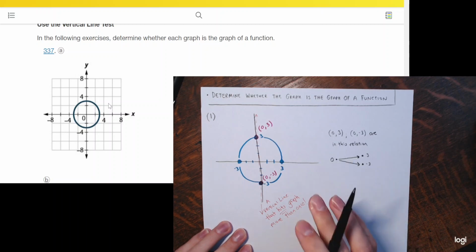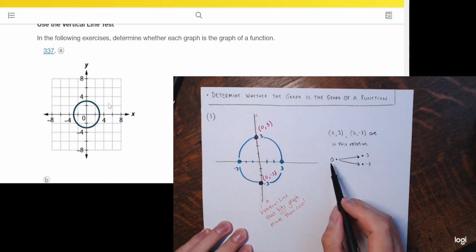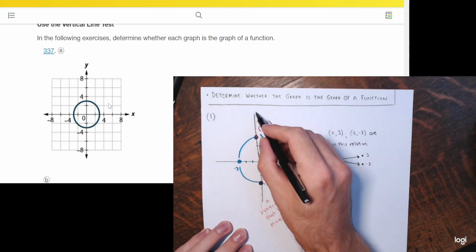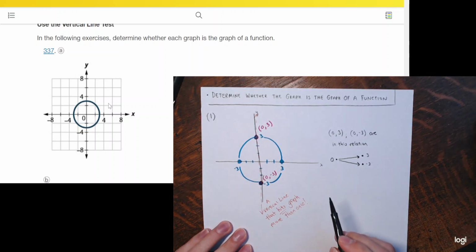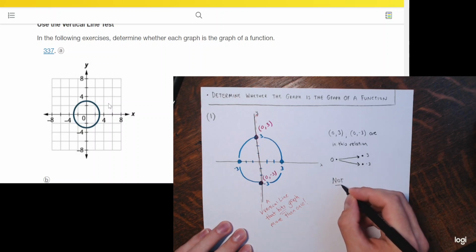One more time, in a function, every x value corresponds to exactly one y value. Every value in the domain is assigned to exactly one value in the range. So definitely not a function here.